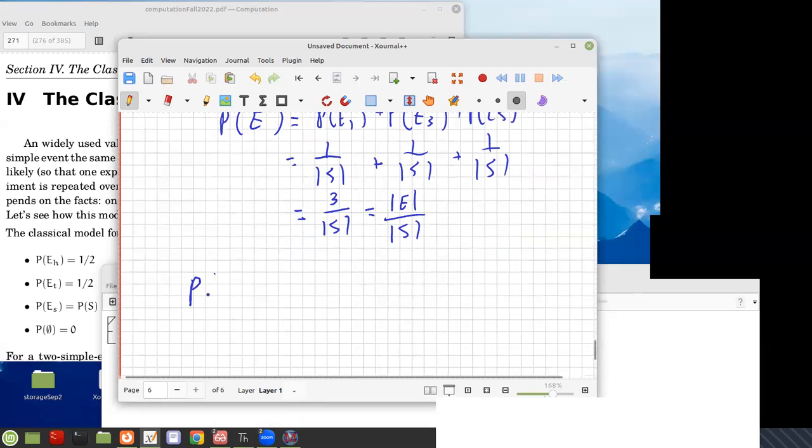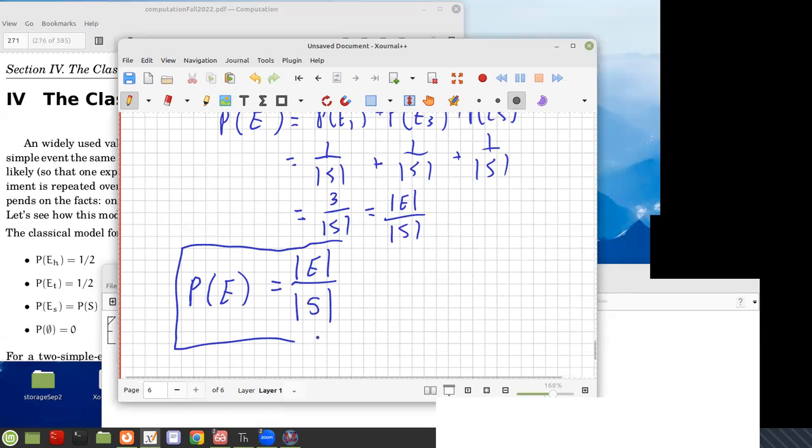So this is why the classical probability model is nice: it just reduces to counting. The probability of an event E is always the number of outcomes in the event divided by the number of outcomes in the sample space.